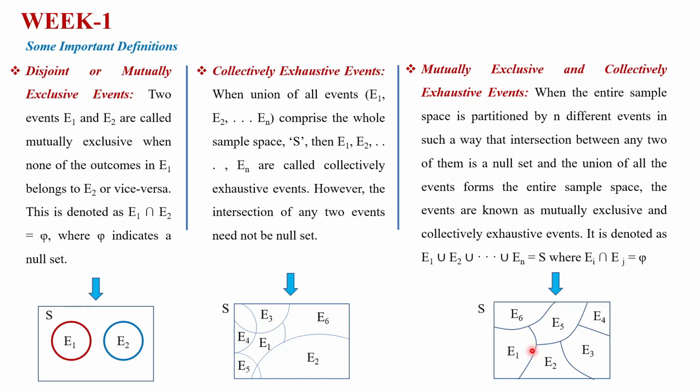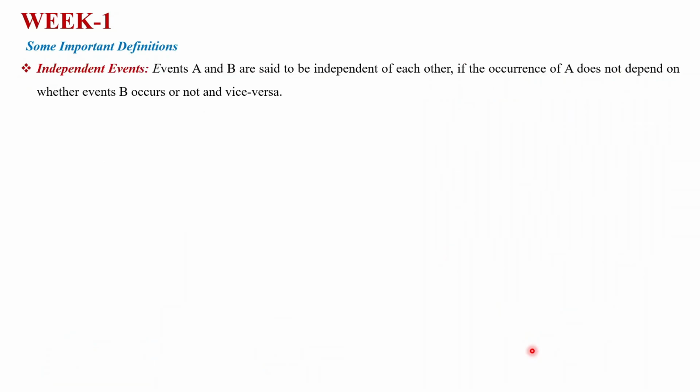So in this case, Ei intersection Ej should be a null set. Then come independent events. Events A and B are said to be independent of each other if the occurrence of A does not depend on whether event B occurs or vice versa.